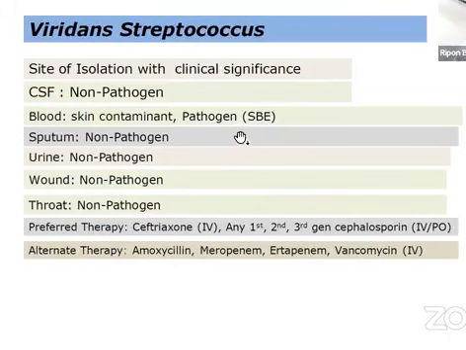Viridans Streptococcus group, mostly they are non-pathogenic, but they can be pathogenic if they accidentally enter into the blood and cause bacterial endocarditis. The preferred therapy is ceftriaxone and any first, second or third generation cephalosporin. Alternatively, amoxicillin, meropenem, and vancomycin can be used.